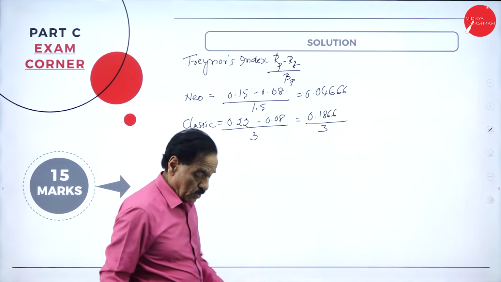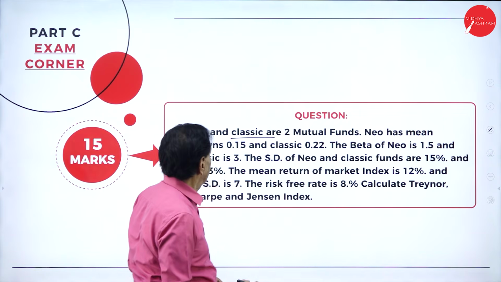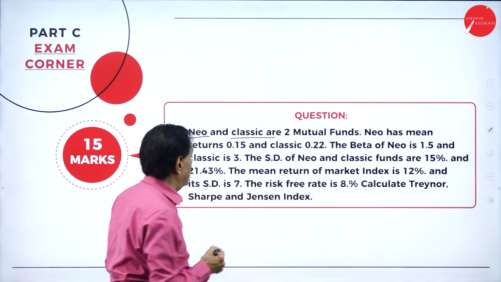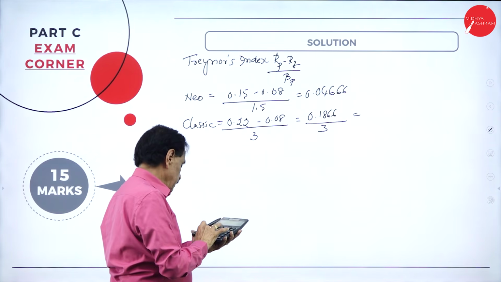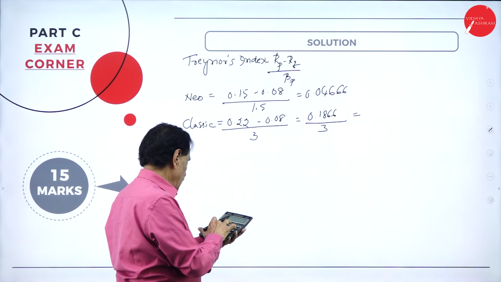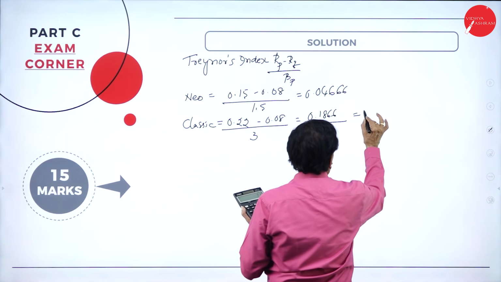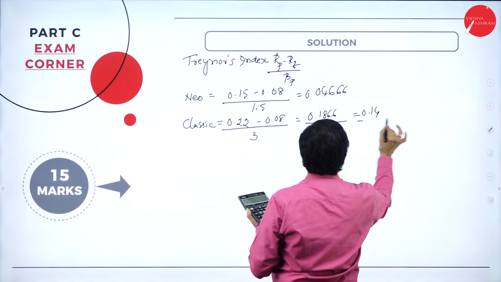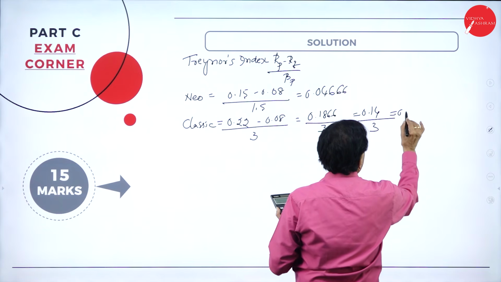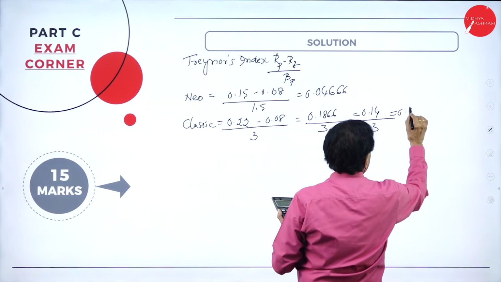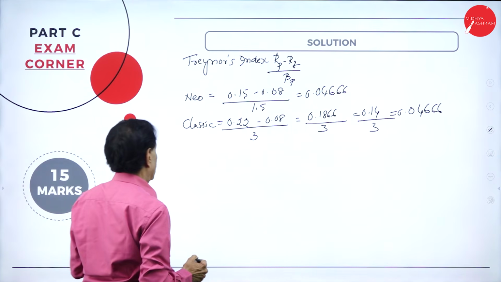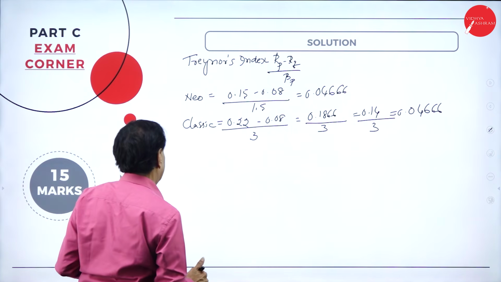I will repeat. The beta of NEO is 1.5 and classic is 3. 0.22 minus 0.08, 0.14 divided by 3, 0.0466. So classic. This goes to Treynor's method.